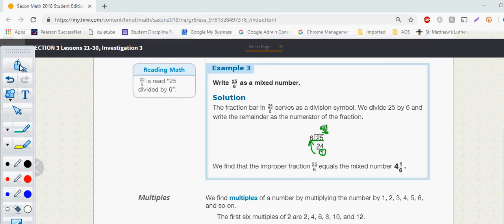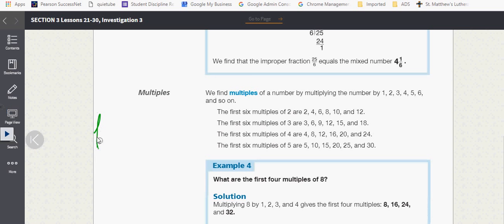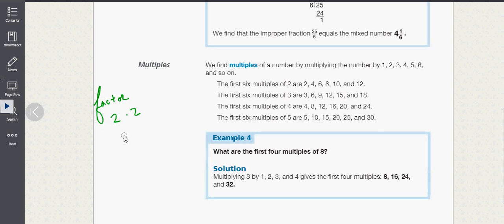Multiples, if you recall, do you remember when we talked about multiples earlier? They were paired up with their opposite concept of factors. Factors are numbers that go into a product. So the factors of 4 are 2 and 2. The factors of 81 are 9 and 9, which we can break down even further into 3 times 3 times 3 times 3.